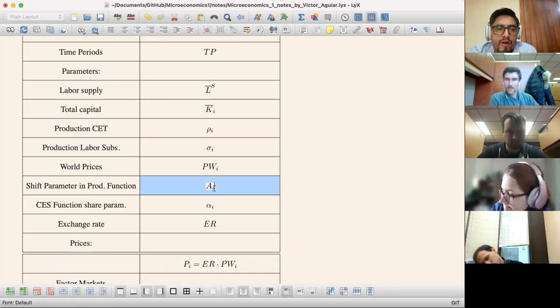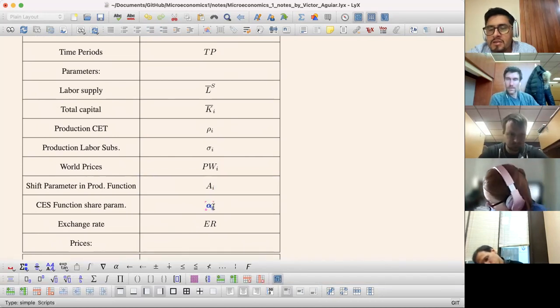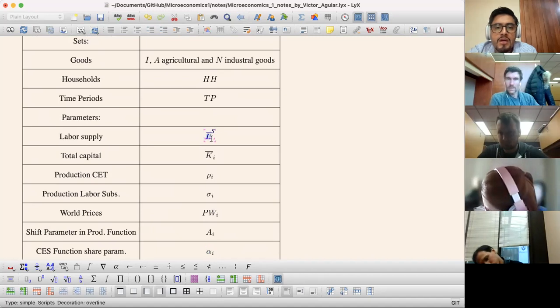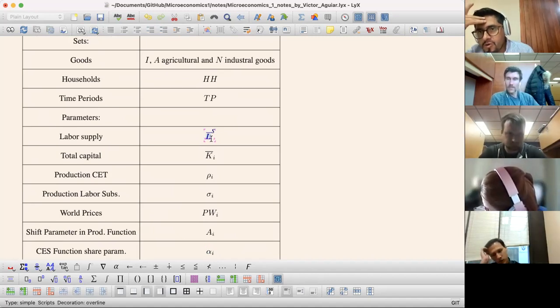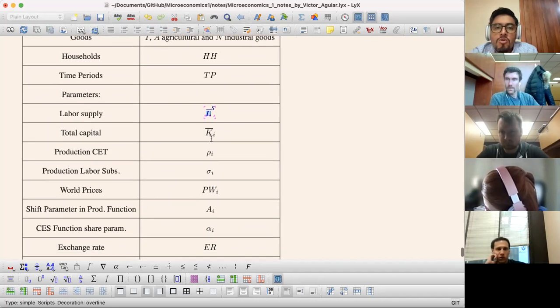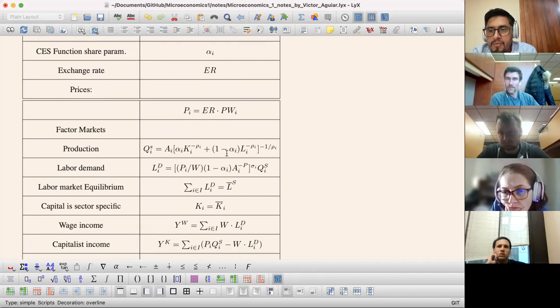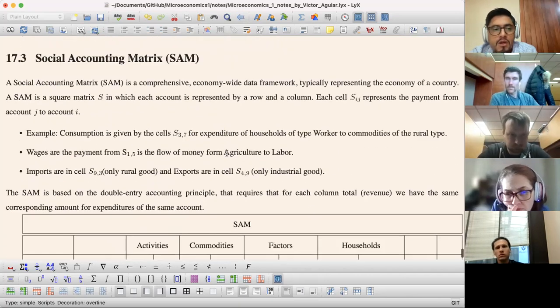We don't know the shift parameter. We don't know the CES alpha. We don't know essentially these parameters of behavior. So the role of this calibration of the model is going to be to use the data, the outcomes of the economy, to match these particular parameters, and this is called calibration.